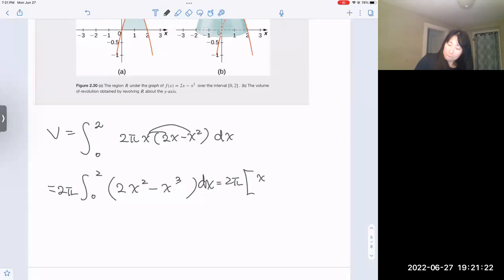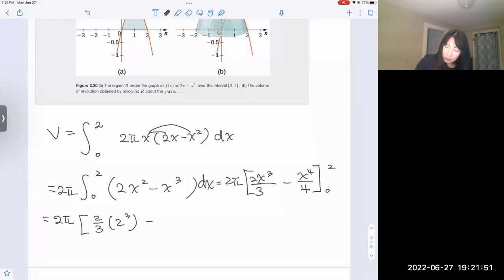We have 2 over 3 x to the third minus x to the power of 4 over 4. So we evaluate from 0 to 2. Now, can you please calculate 2/3 times 2 cubed minus 2 to the 4th power over 4? Luckily, the other one is 0. Can you please calculate?